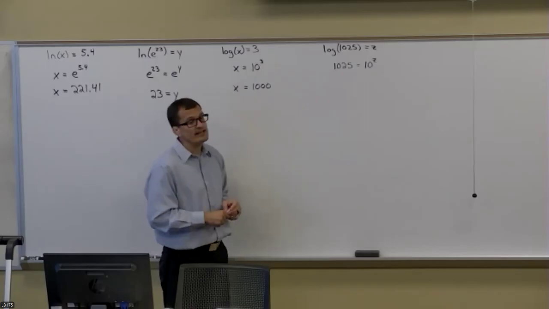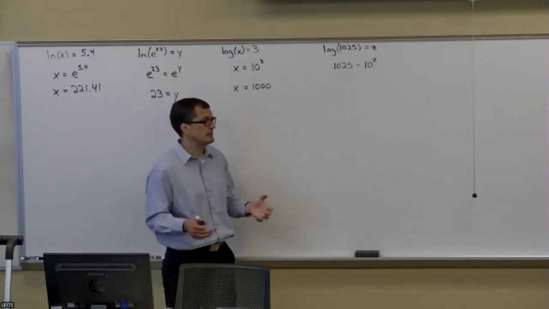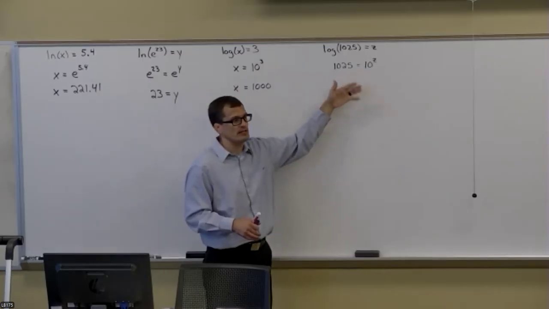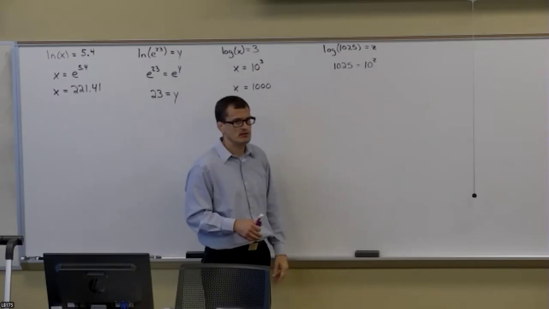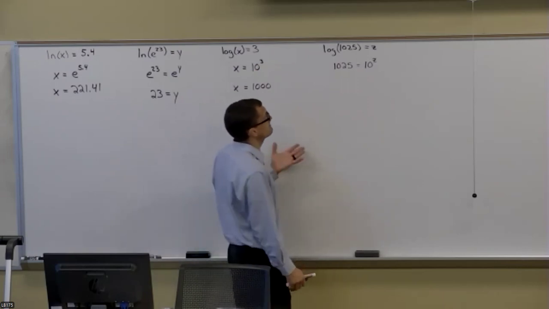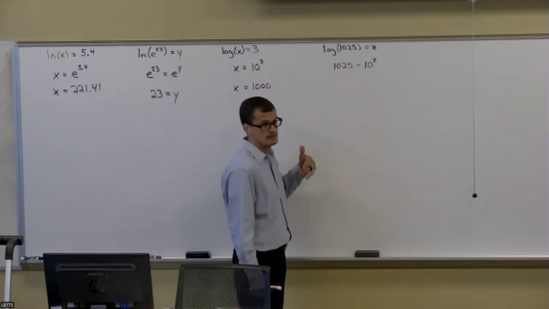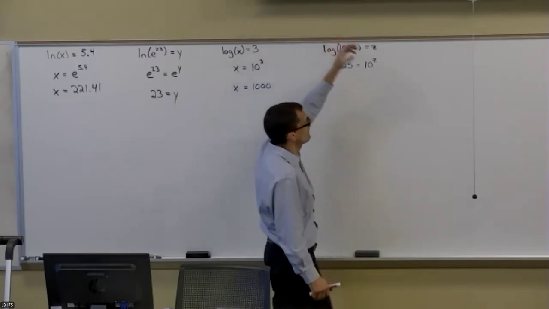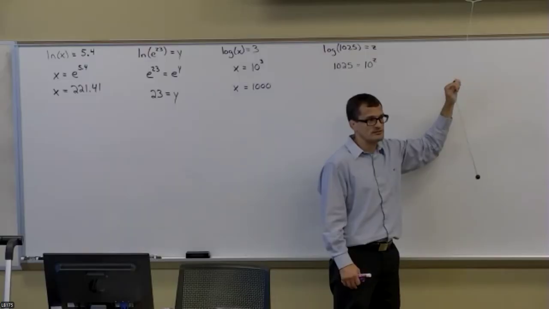So if we didn't have technology, we'd be kind of stuck here saying that it's going to be a little bit over 3, and then we could guess and check some, to see how close to 3 it's going to be. You could hone in on that if you wanted to. But the nice thing is we do have technology. We have our calculator, and our calculator can do those types of calculations.